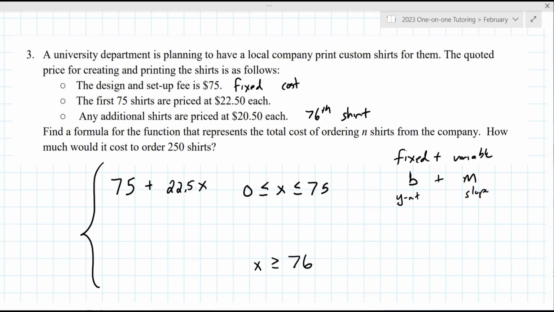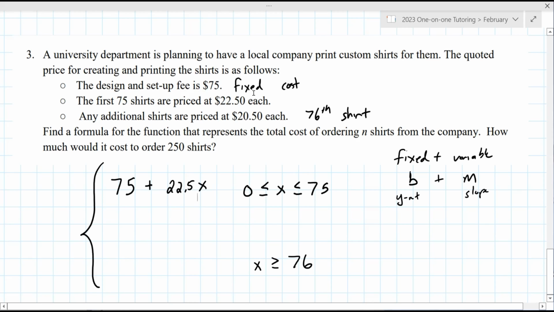It's just like the last one in that regard. You pay so much. Okay, now you've got to figure out what's going on at the edge point. Basically, if you buy 75 shirts, how much do you pay? Because we need that number.